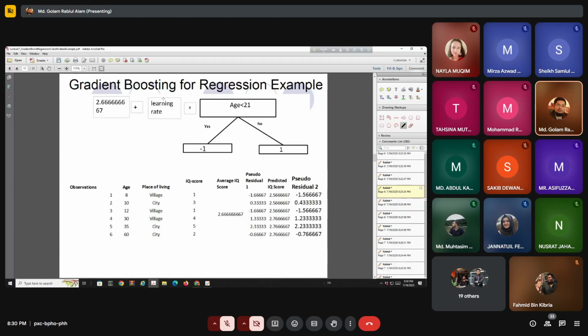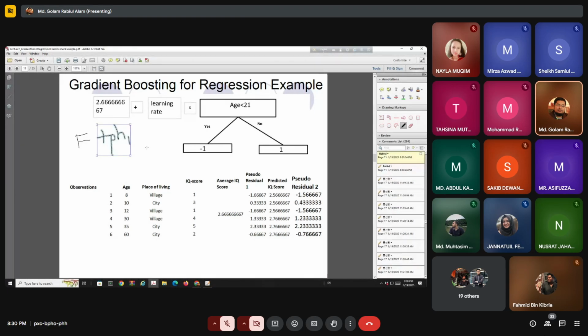So now if we want to build a model, if you can remember this one, f plus rho h. So this is our h, and we have f, the average value, and rho is our learning rate. So this is the model.